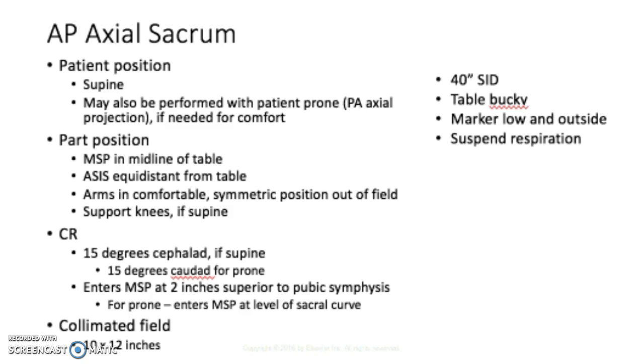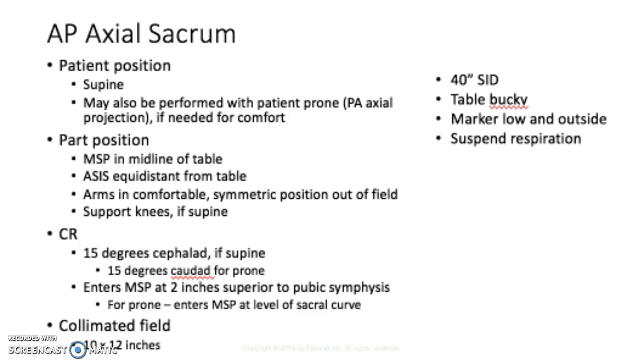For the AP axial sacrum, the patient will be on their back for the most part. That's typically how you're going to do it, unless they're really injured and cannot lie on their back or are in so much pain, then you'll have to do them PA so that they're much more comfortable and can hold still for you. But normally you can pretty much do them AP.